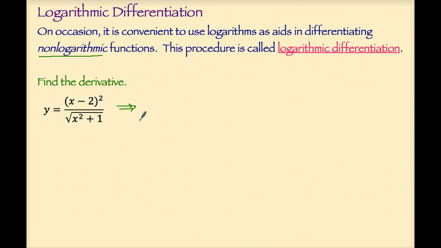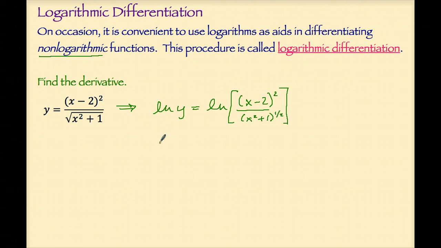Let's turn this into a logarithmic function by adding natural log to both sides of the function. Natural log of y is equal to natural log of x minus 2 quantity squared over x squared plus 1 to the 1/2 power. Notice that turning this into a logarithmic function allows me to use logarithmic properties to simplify this argument.